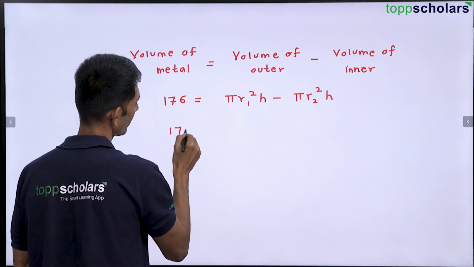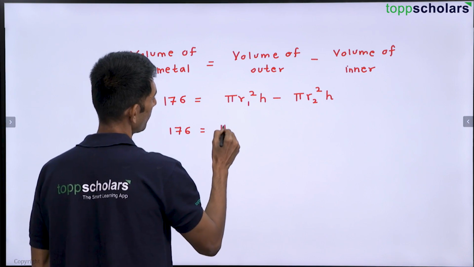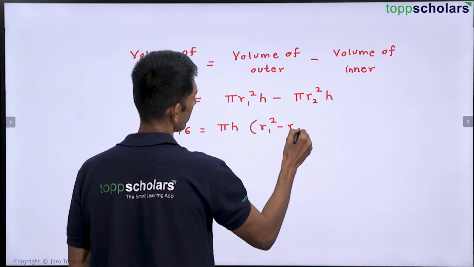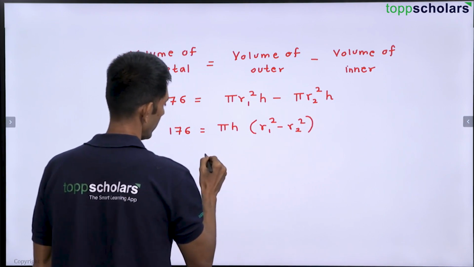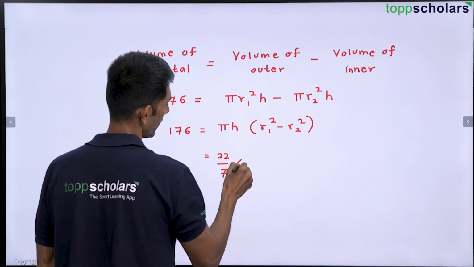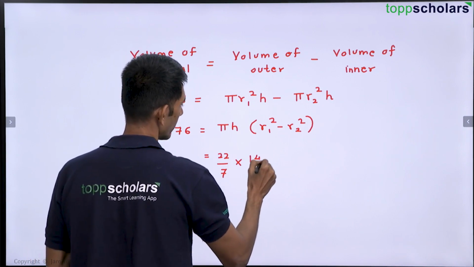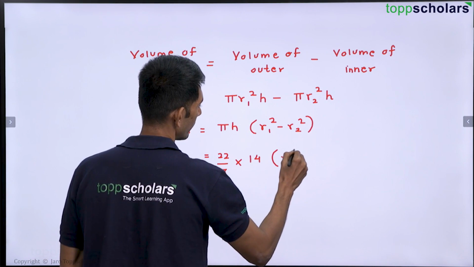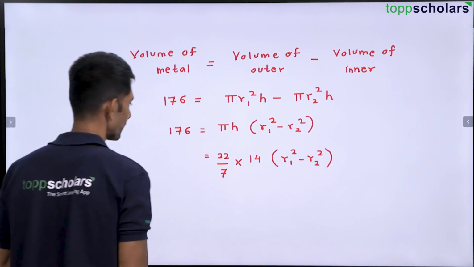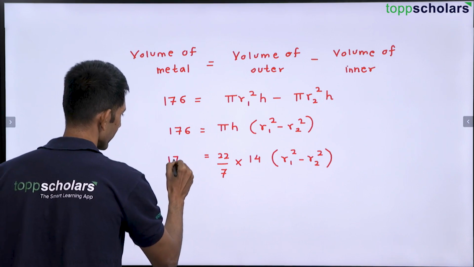So can I say 176 is equal to pi H into R1 square minus R2 square. Pi is 22 by 7, H is the length, which is 14, and then you have R1 square minus R2 square, that is 176.